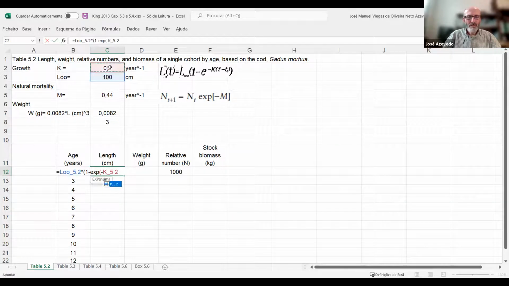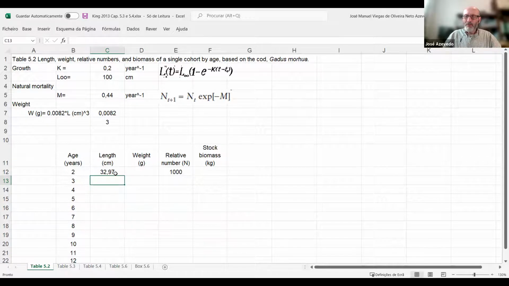Here, okay, times t, and t in this case is time, so it will be age. And I'm closing this parenthesis and this parenthesis, and it's done.